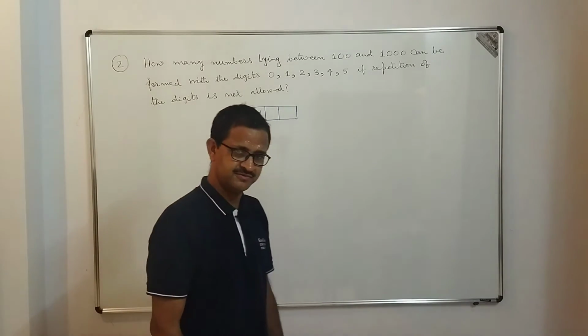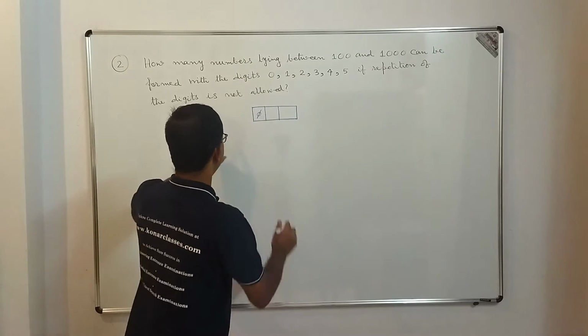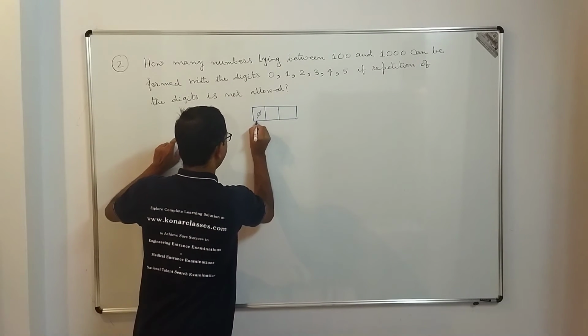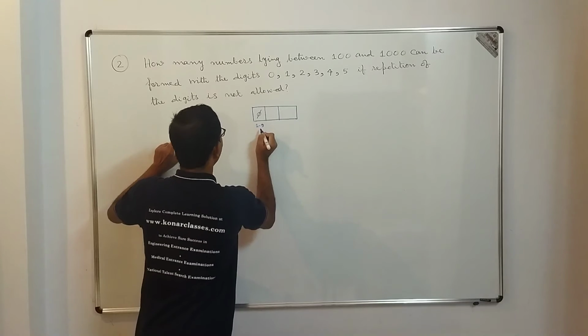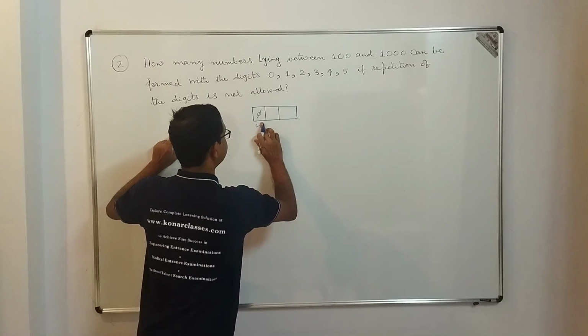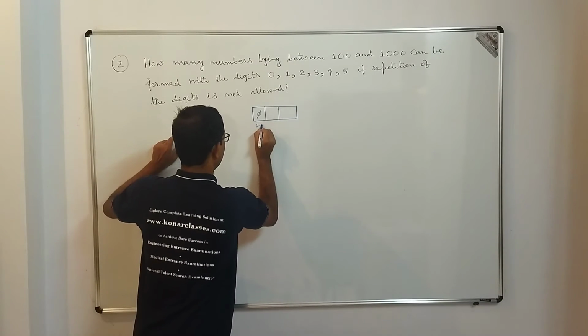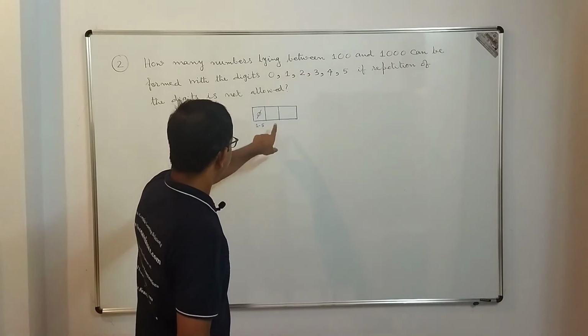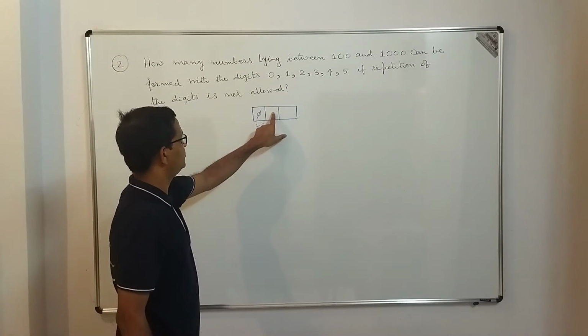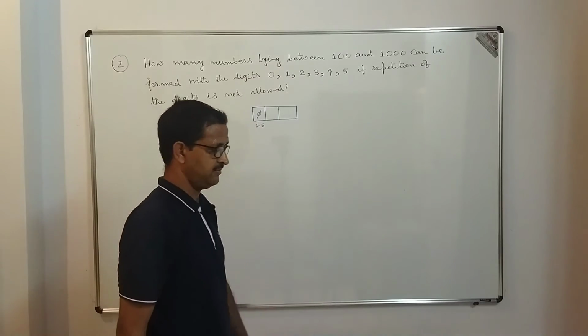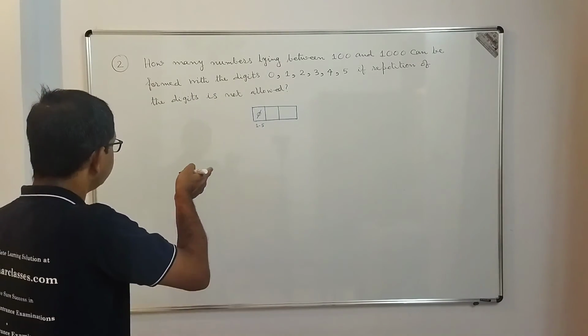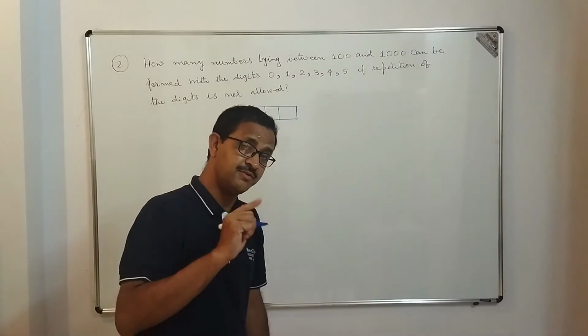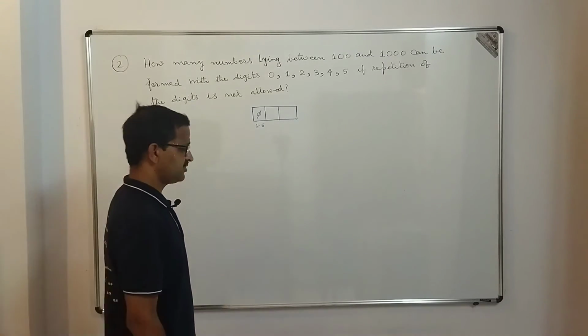It can be any number from 1 to 5, because the digits are 0, 1, 2, 3, 4, 5, and the other places can be 0 to 5. And repetition of the digits is not allowed. That is also a very important statement. So how to proceed?